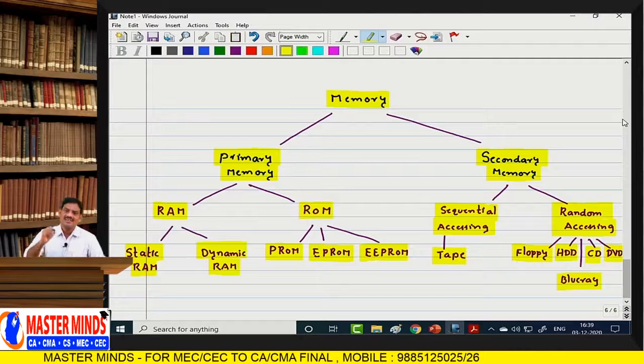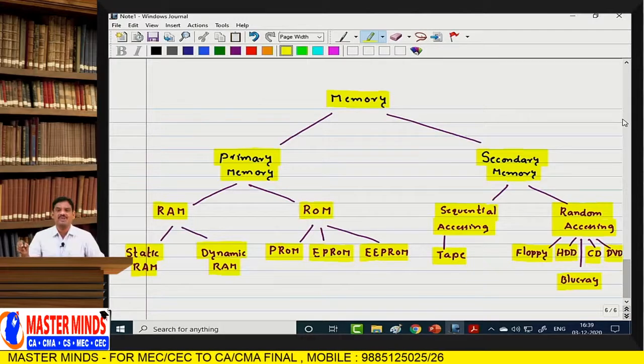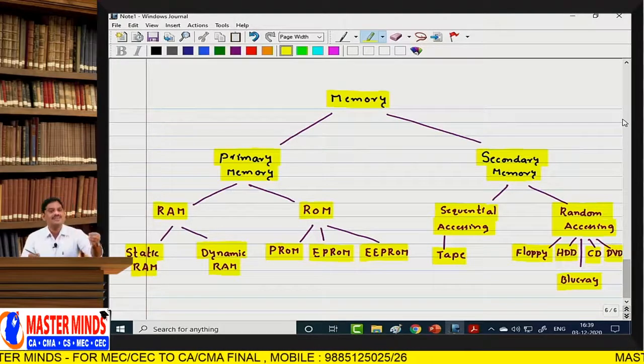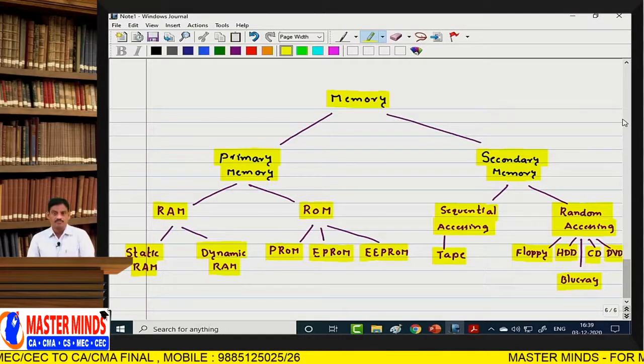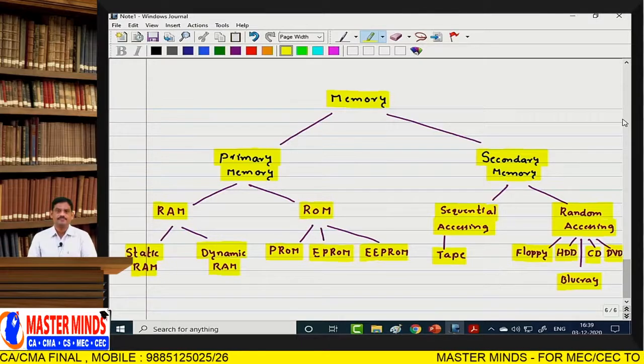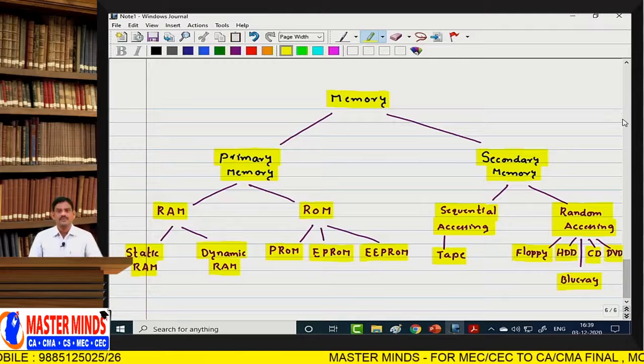What is that? Read and write memory. What does it mean? You can read the data or write the data. Both RAM and ROM provide you random accessing.